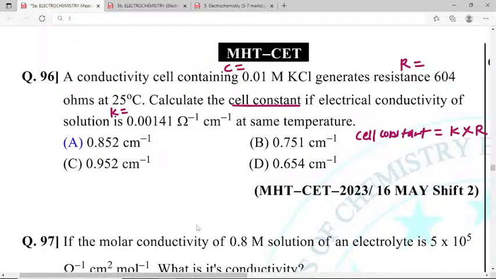K is equal to 0.00141 multiplied by resistance 604. So that is 0.141 multiplied by 6.04, and we get the answer 0.8.